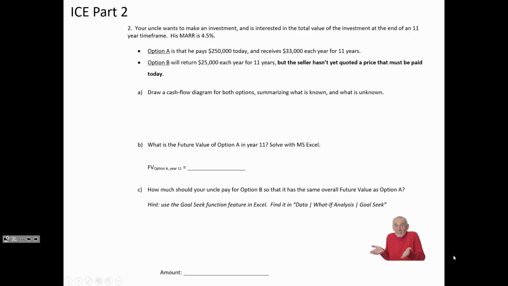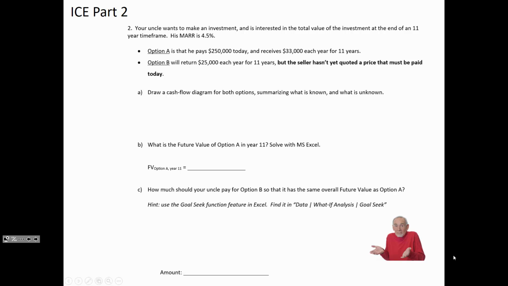So the steps I ask you to go through here, A, B, C, first of all, A is draw a cash flow diagram that summarizes what you do know and then what you're trying to find. And remember, the convention that we've sort of used so far is that if you're drawing a cash flow diagram and you're trying to represent something that you don't know, the amounts that are given would be maybe straight lines, and then an unknown amount you could use the dashed line or one of these big fat arrows, you know, like this.